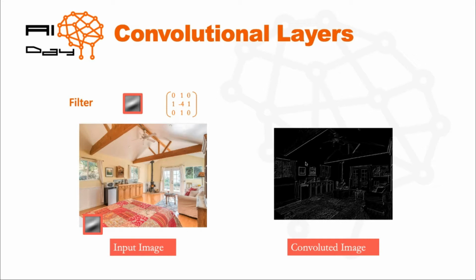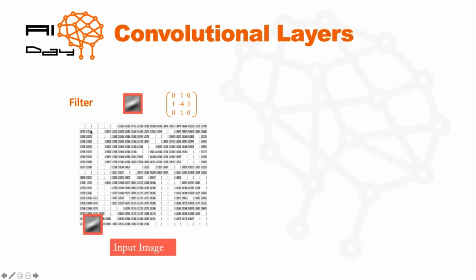Then it moves to the next 3 by 3 elements to the right, extracts the highest value and so on. If you create groups of 3 by 3 and select the highest, you are reducing the size of this matrix.